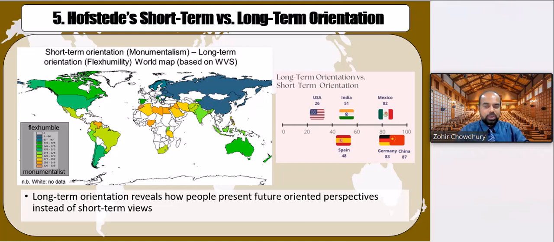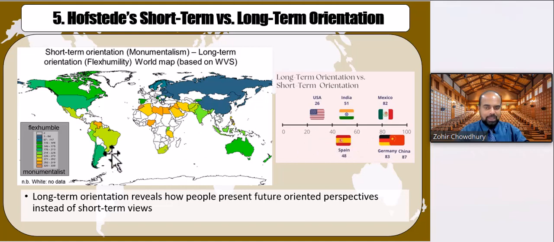Countries with long-term orientations continue to develop and achieve economic success, while short-term based countries usually have very little or no economic development. Here we can see countries with a long-term perspective and view as defined in here. So here you have China, you have Germany, you have Mexico with a little bit more long-term perspective.